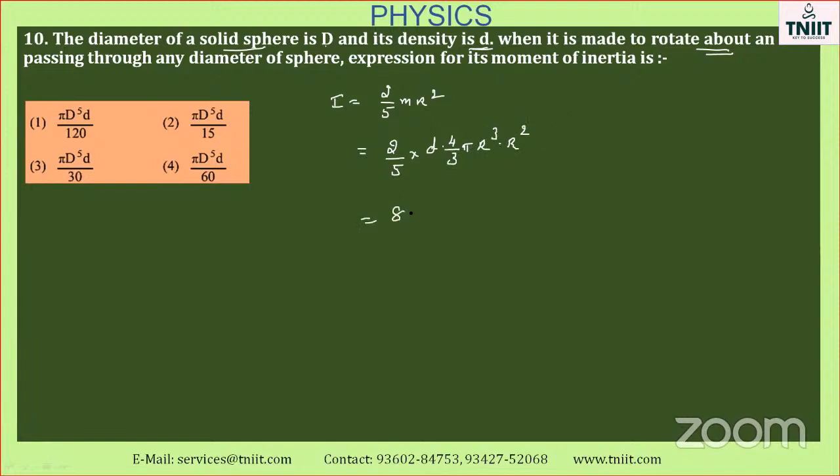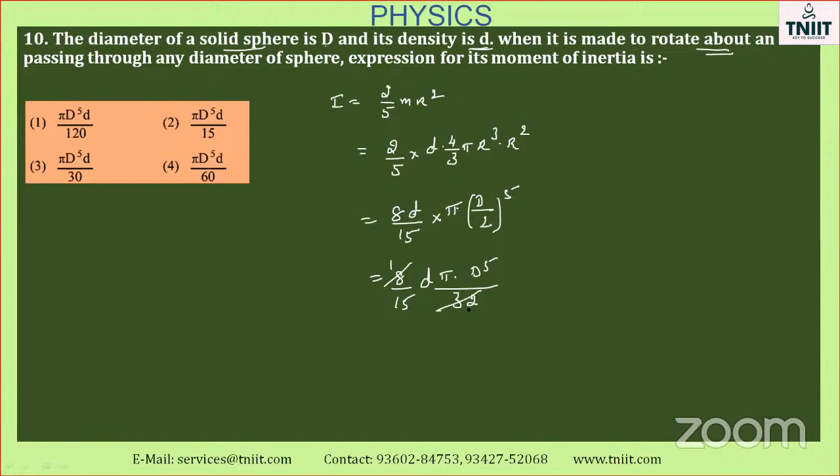So this will become 8 times d by 15 into pi. R value can be taken as diameter by 2. This is whole power 5. 8 by 15 d pi d power 5 divided by 2 power 5. 2 2s are 4, 4 2s are 8, 8 2s are 16, 16 2s are 32.